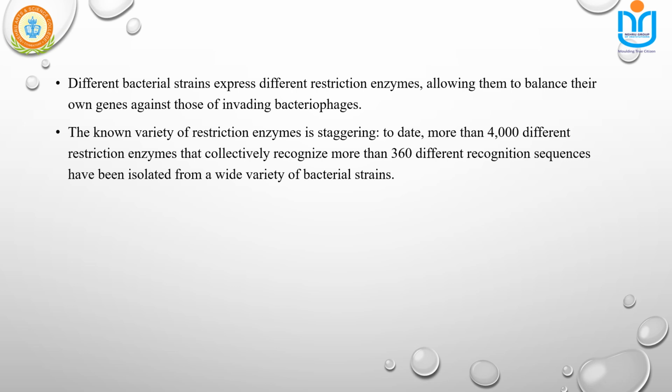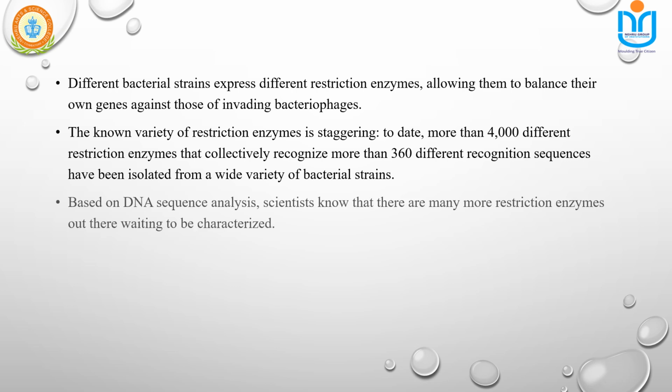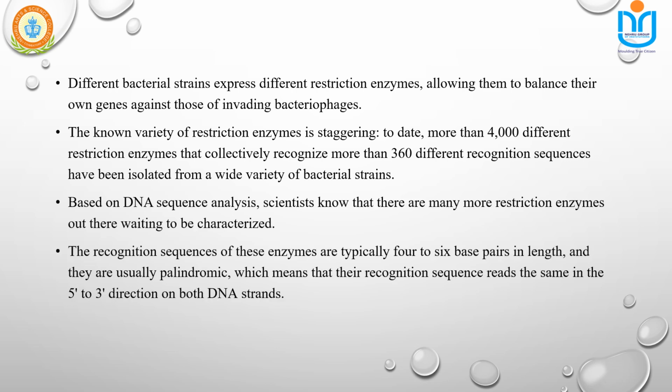Based on DNA sequence analysis, scientists know that there are many more restriction enzymes out there waiting to be characterized. The recognition sequences of these enzymes are typically 4 to 6 base pairs in length, and they are usually palindromic, which means that their restriction sequence reads the same in the 5' to 3' direction on both DNA strands.